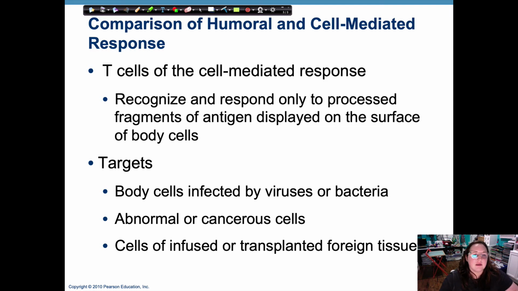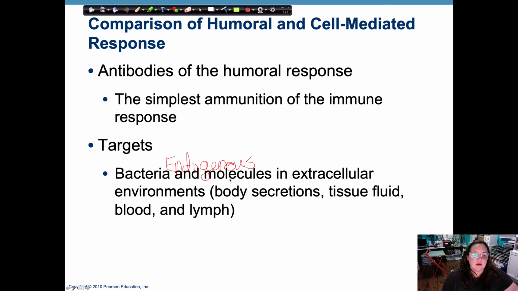So just to have this word written down, okay, these are endogenous proteins, while humoral are exogenous proteins. Okay, so just having those two words is going to be helpful.